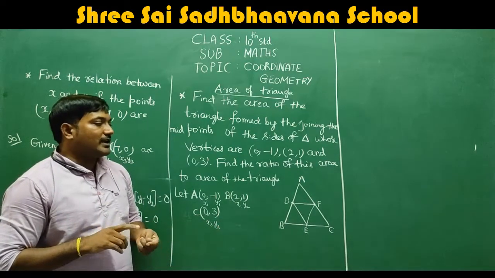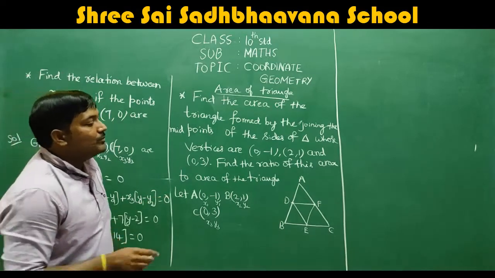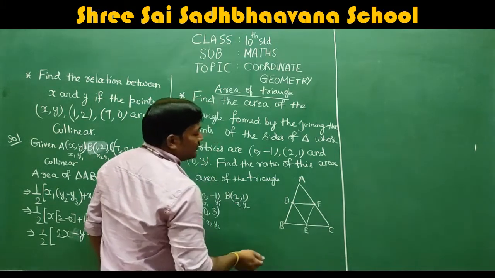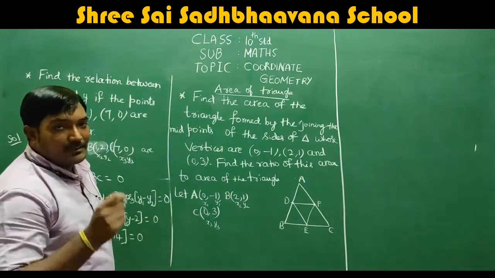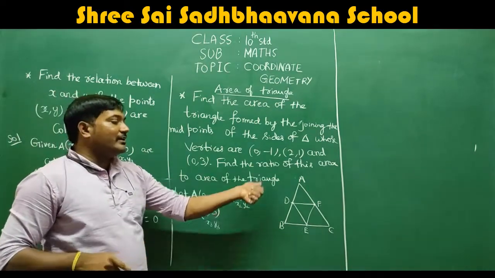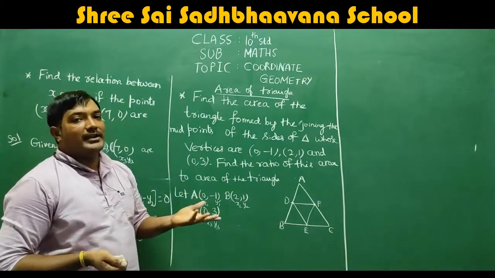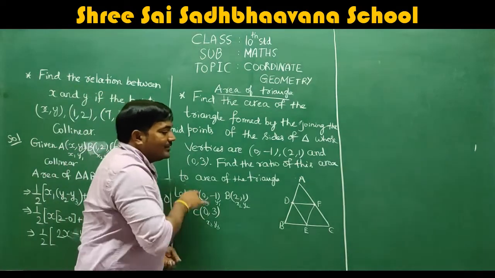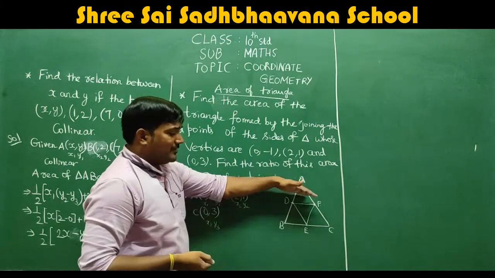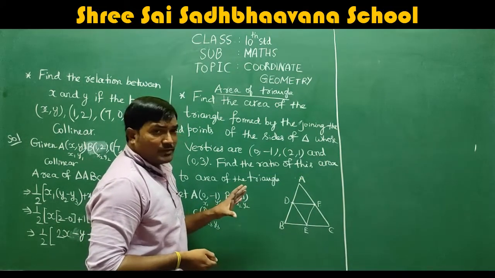Okay. First, we have taken A, B, C as the 3 vertices of the triangle, and when you take the midpoints of AB, BC and AC, we got 3 points, D, E, F. Join all these 3 midpoints and you will form one more triangle. Find the area of that triangle and the area of triangle ABC, compare them and write the ratio, how they are related. If you concentrate on this figure, you will come to know one thing clearly.